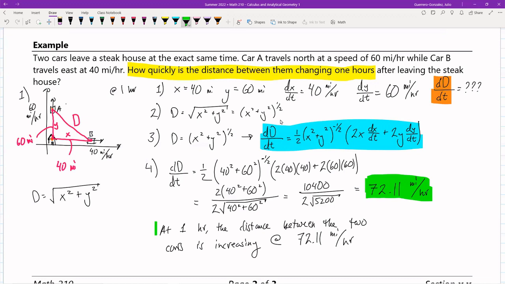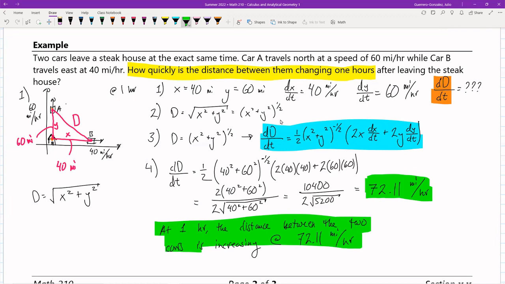And to summarize, it's all of this thing right here. So at exactly 1 hour, when they're 60 miles north and 40 miles west or east, the distance between the two cars is increasing at a rate of 72.11 miles per hour. That's how fast big D is increasing between the two cars.